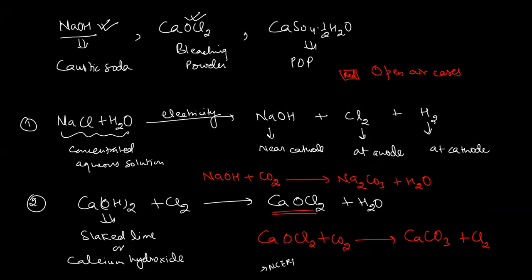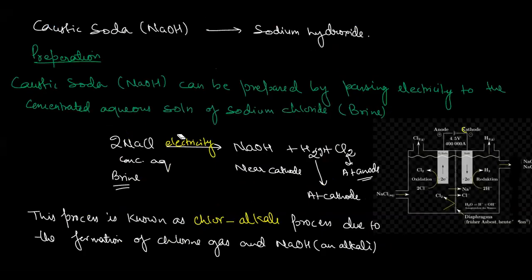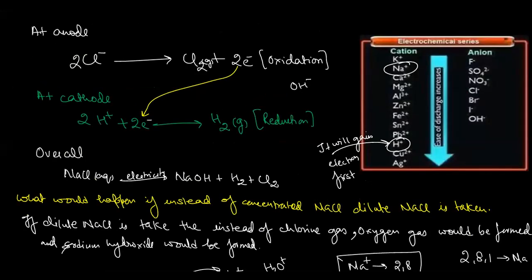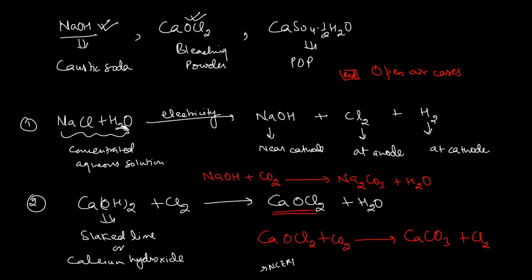Here I just did a revision of the preparation, that NaCl when reacted with water will give you this one. This is similar: calcium hydroxide when reacted with chlorine gas will give you this one. Got it? Yes, sir.